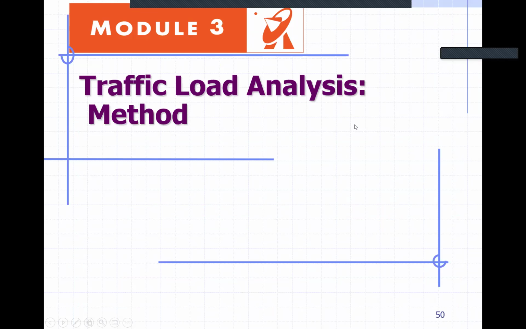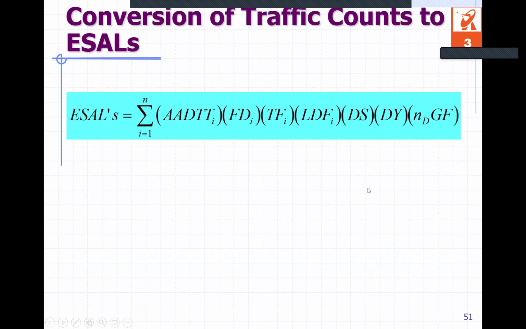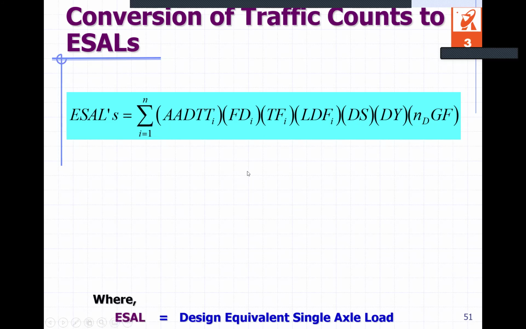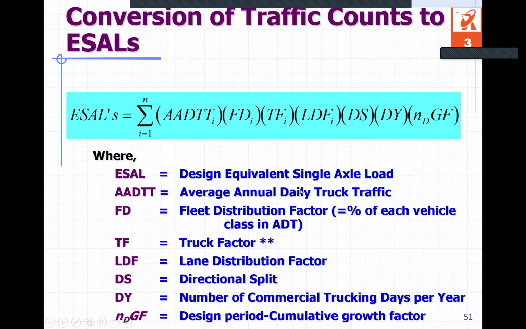Now, there is an alternative method that is called the traffic load analysis method. This is very similar. It does not have the segregation of the traffic. It goes directly into your trucks. So it's basically what I have explained before.